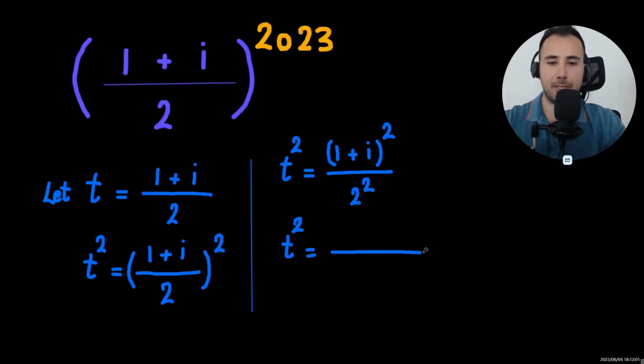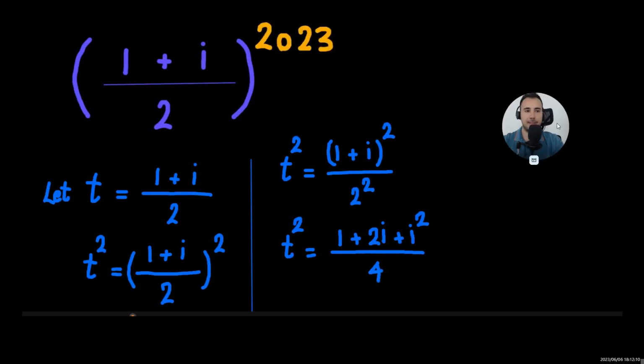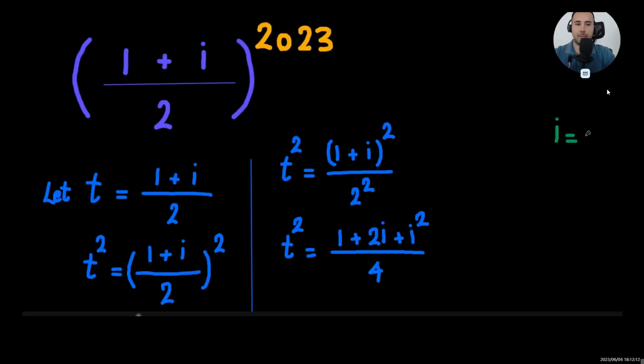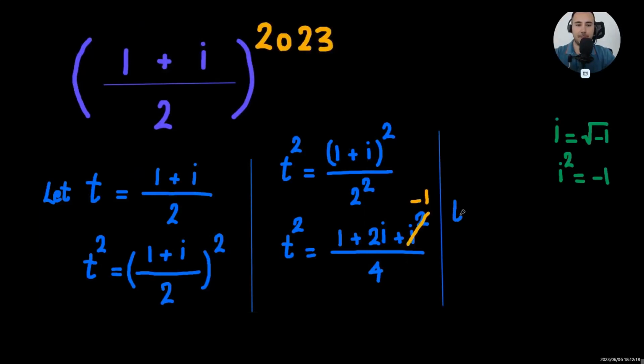To do that, we're going to follow the formula a squared plus b squared plus 2ab. If you remember, the value of i is the square root of -1. So i squared is -1. Let's replace that value. So t squared is going to be half of an i, right? i over 2. This is useful.